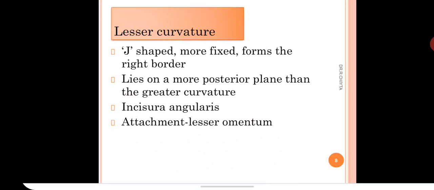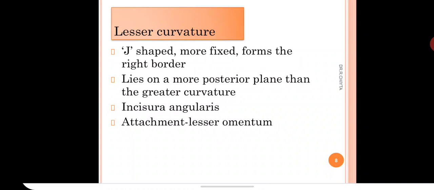Now the borders, lesser curvature and greater curvature. Lesser curvature forms the right border of the stomach. It is J-shaped, more fixed than the greater curvature, and it is lying more on the posterior plane than the greater curvature.